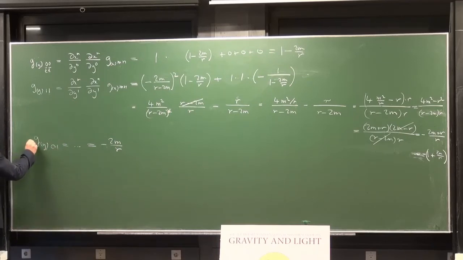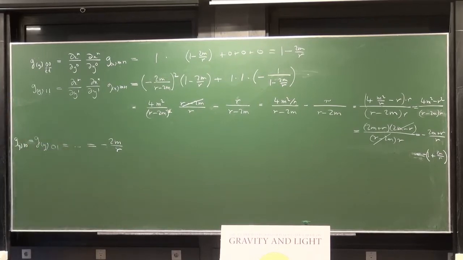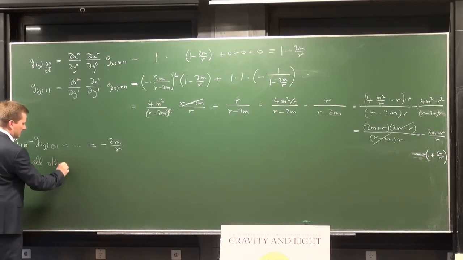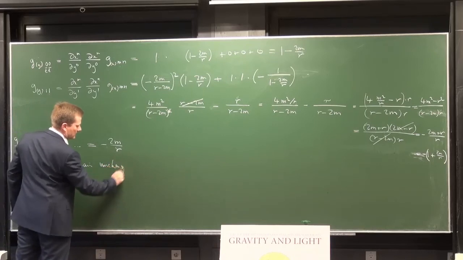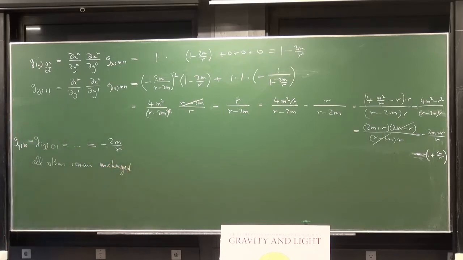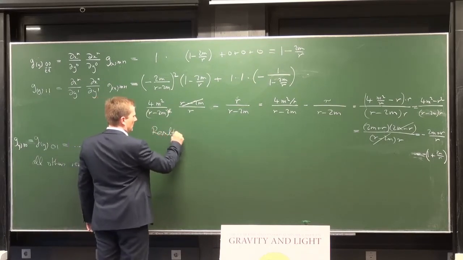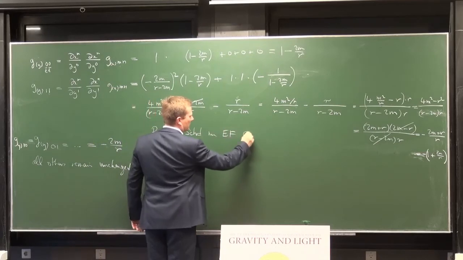And of course, this one is the same as the 1, 0 component, because it's symmetric. They're both this here, and all the others remain unchanged. So they're the same in the x and the y system. So what we get as the result is the Schwarzschild metric in Eddington-Finkelstein coordinates.